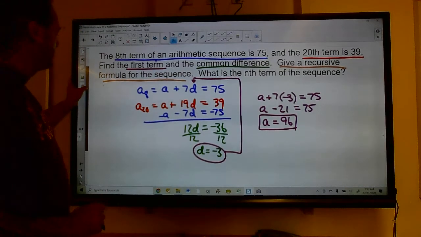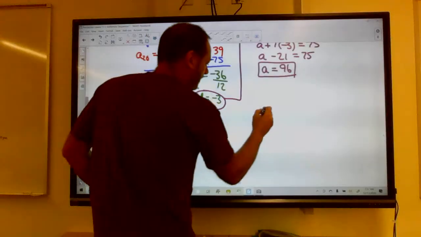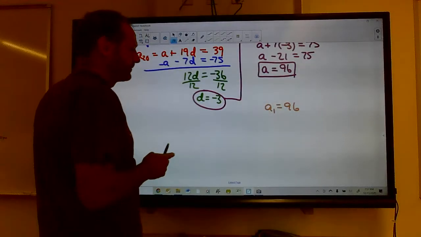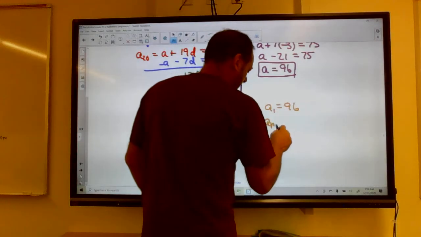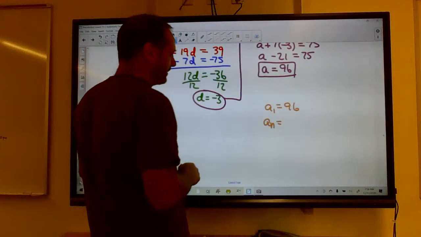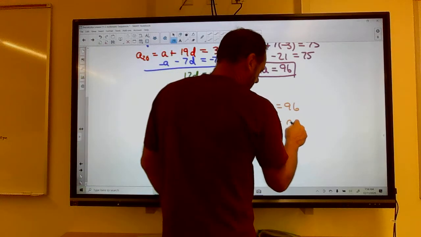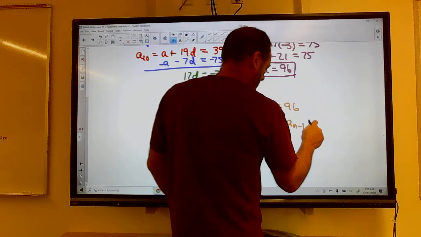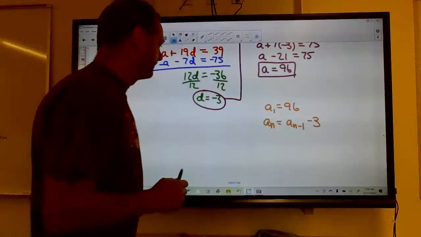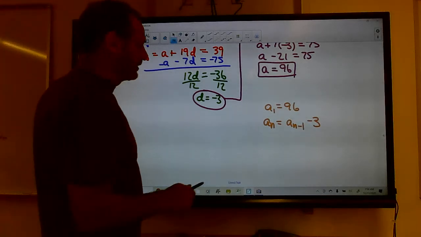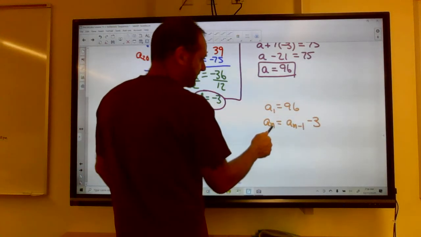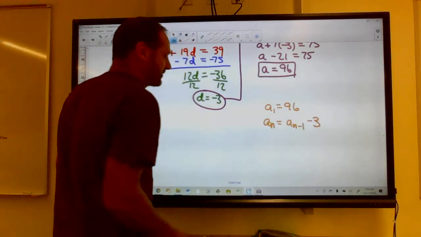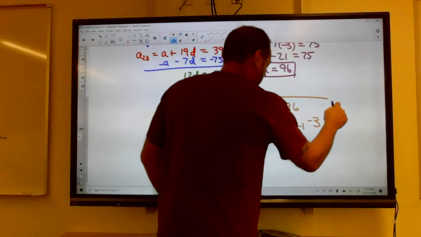The recursive formula is going to be a sub 1 is 96, and then a sub n is going to be a sub n minus 1 minus 3. So here's my first term. My second term will be the first term minus 3, my third term will be the second term minus 3, and so on and so forth. So there's my recursive formula.